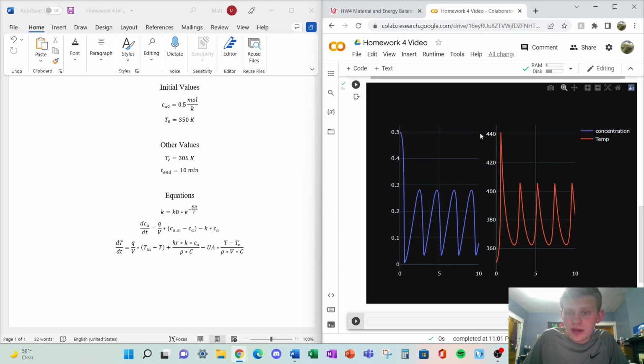And then it reaches sort of an equilibrium where our concentration and our temperature stay constant, and they're not going to jump really far up here. We sort of have this smooth, steady graph that jumps up and down over and over again and stays in this steady motion. And this is our whole reactor plot.